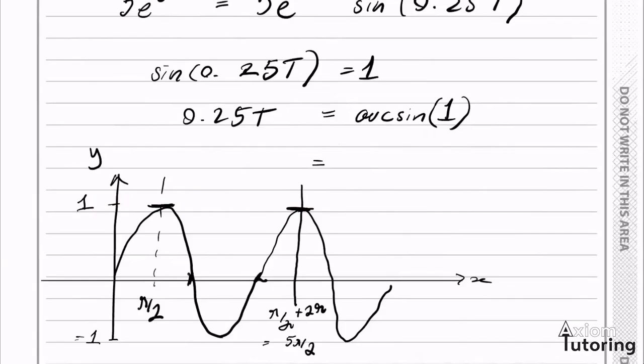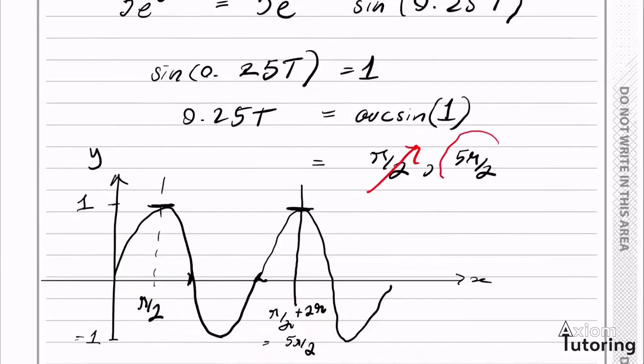And we get that from computing arc sine of 1. We get our first principal value, pi over 2, which is this, and then our second value is going to be 5 pi over 2, which is the value we get here. And it's always nice to check that with a graph if you get a little bit confused, just computing this on the calculator. So that was our first time we reached the maximum height.